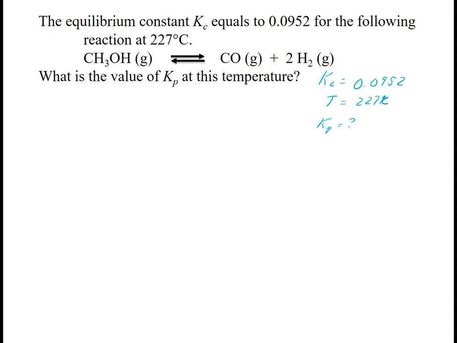The equation is Kc is equal to Kp times the quantity RT to the delta N. Delta N for this reaction is 1 plus 2 is 3 for the products, minus 1 for the reactants, to equal 2. I'm going to need R, and R is 0.0821. It's a constant.